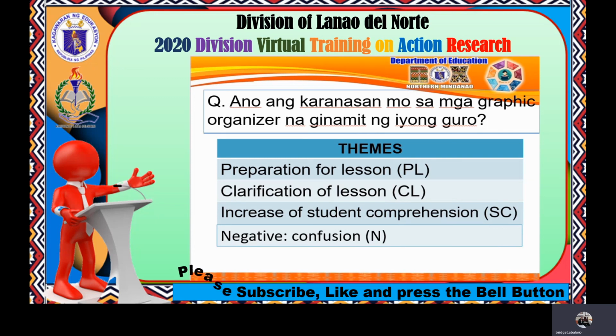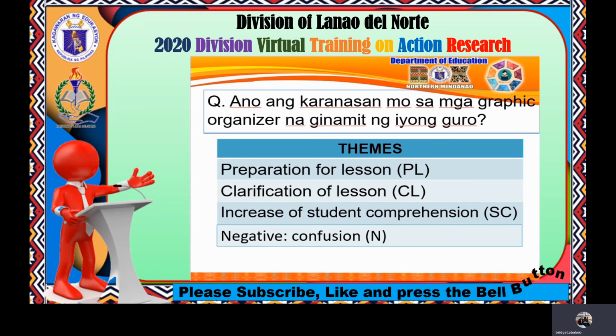When we see a code, it is an abbreviation of the theme. Another theme is clarification of lesson, and the code is CL. Another theme that I had prepared is increase of student comprehension, and the code is IC.